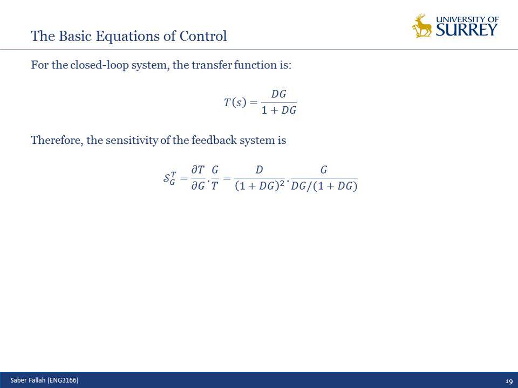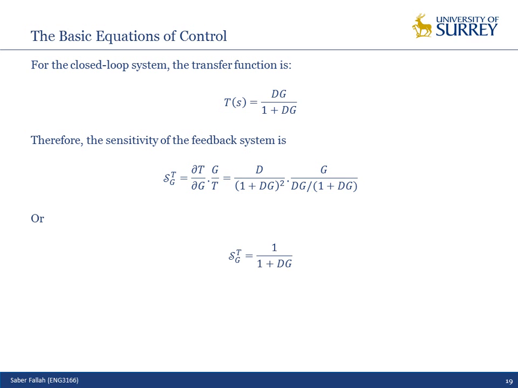This one, dG over 1 plus dG, is the system transfer function. So if you do calculation and simplification, you will get the sensitivity as 1 over 1 plus dG.